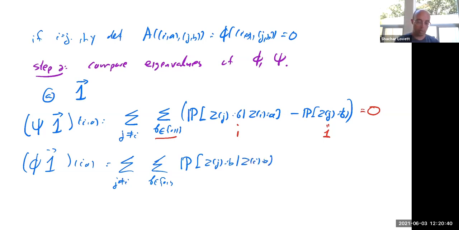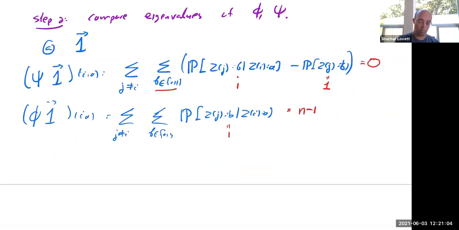Again, this sums to 1, but it doesn't get cancelled by anything. So I just sum over all j different from i, so I get n minus 1. Okay, so the all-one vector is a common eigenvector of psi and phi: of psi with eigenvalue 0, and with phi it's eigenvalue n minus 1. Okay, this was part 1.